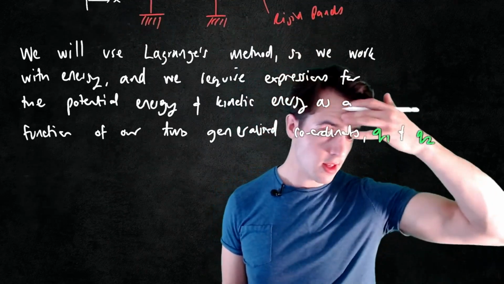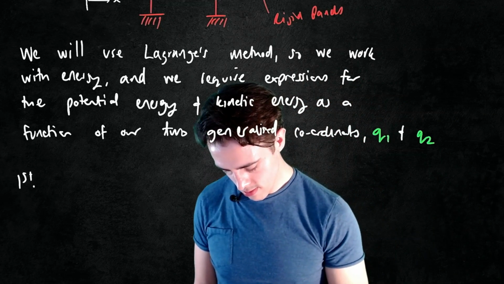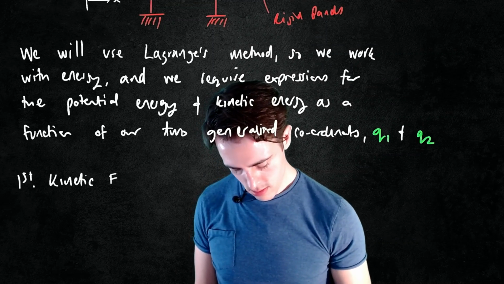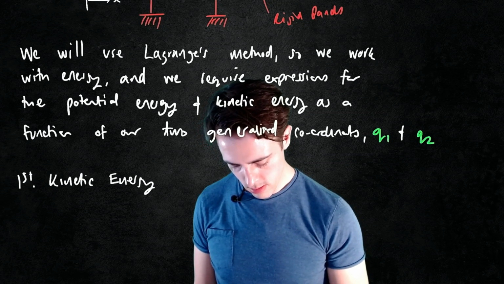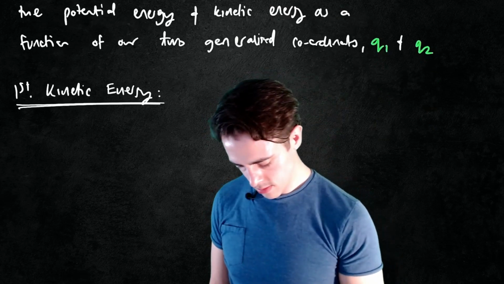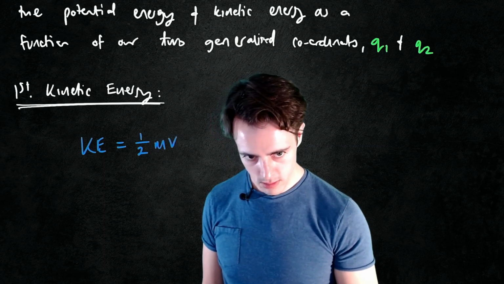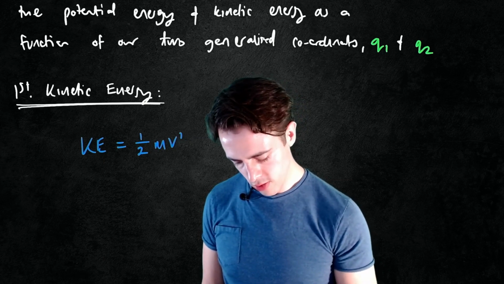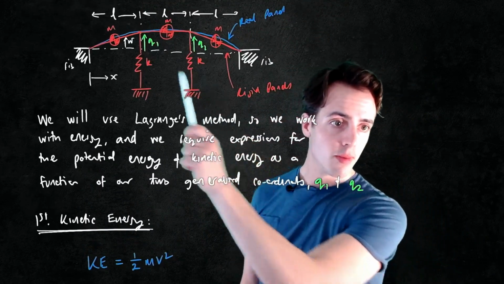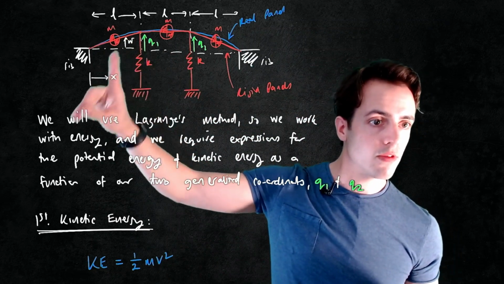So let's start off with firstly getting the kinetic energy. The general expression for kinetic energy is a half mv squared, but we've got a mass that's distributed, and the velocity is going to vary as a function of this x direction.